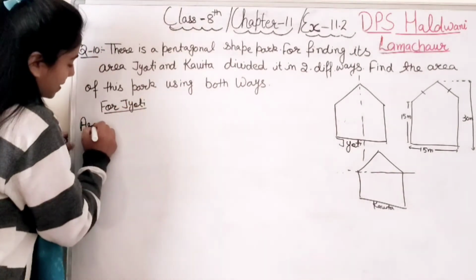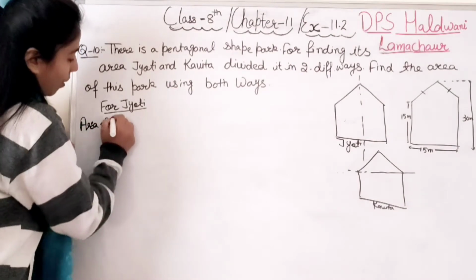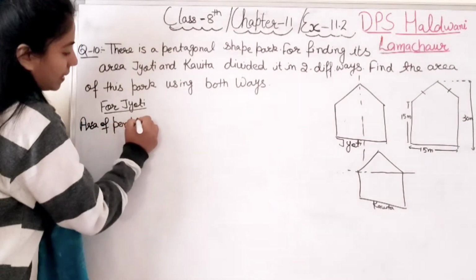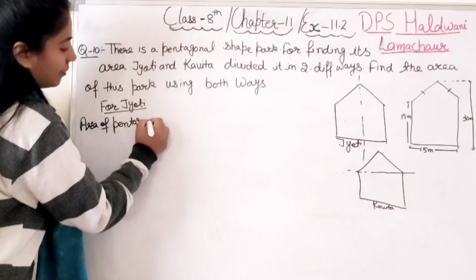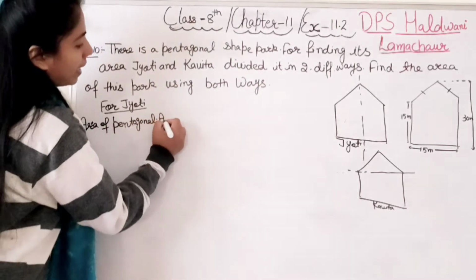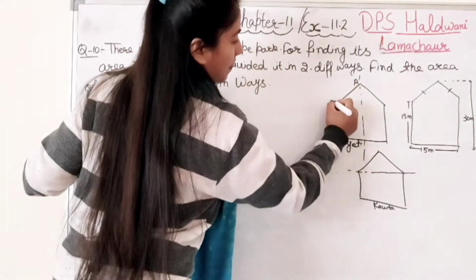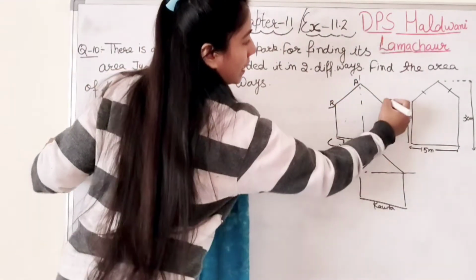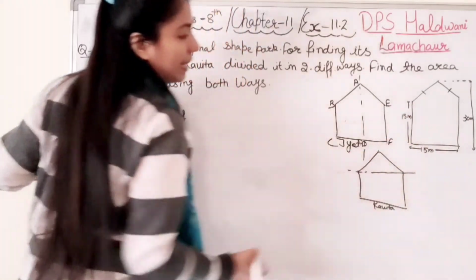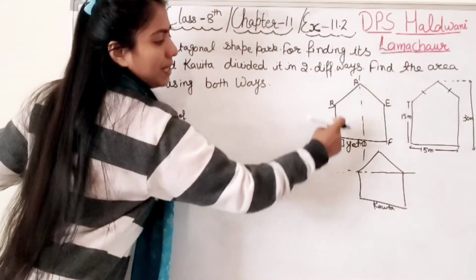The area of the pentagonal field will be, write down the names A, B, C, D, E and then F. First of all, A, B, C, D.